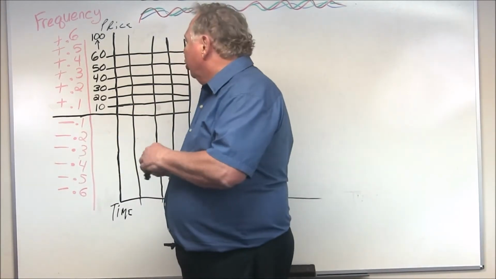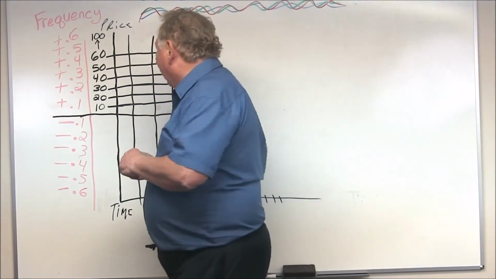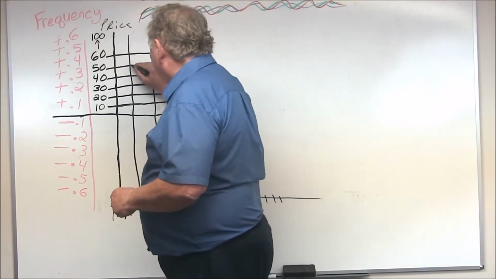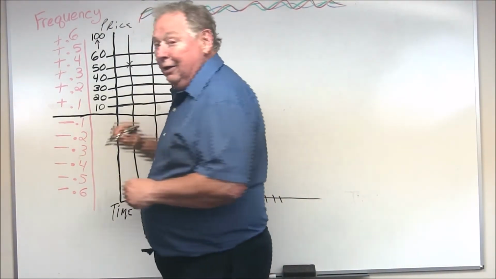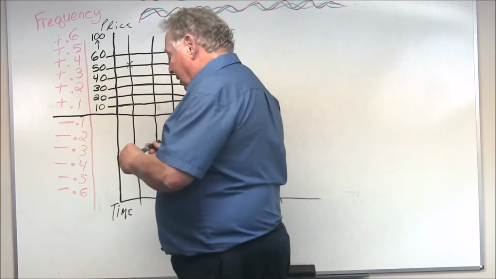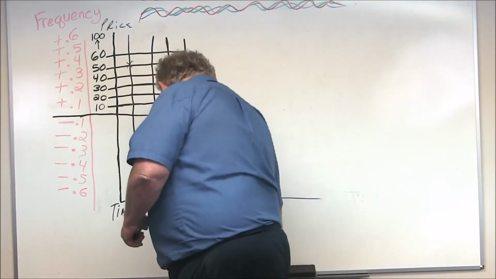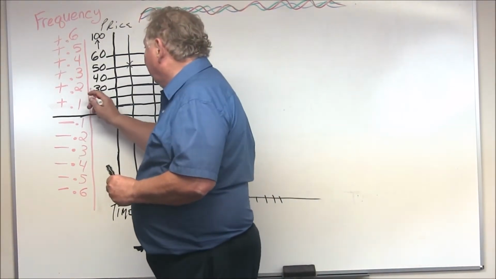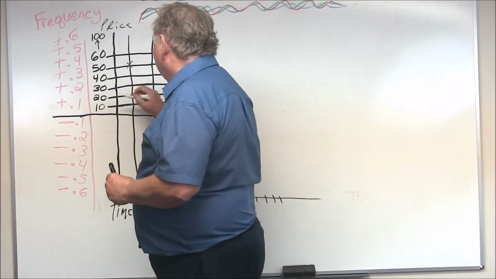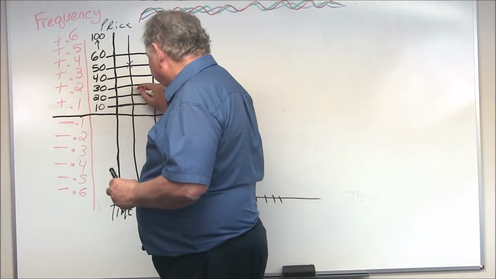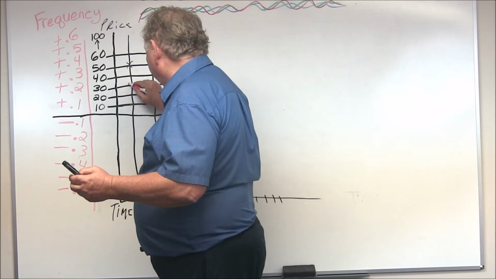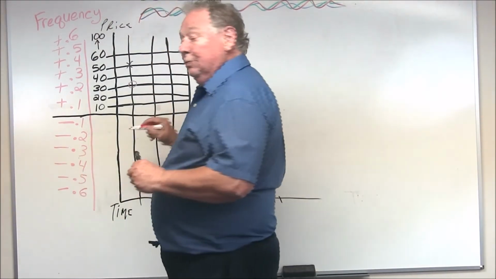So let's assume that we have a stock that on this particular day hits 50, okay? And we'll mark that with a black X. And at the same time, we determine a frequency of 0.2, all right? So we're going to put 0.2 at the same time here, with a 0, all right?